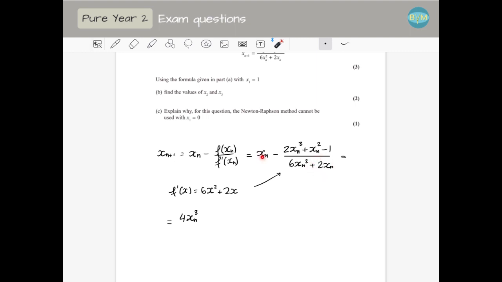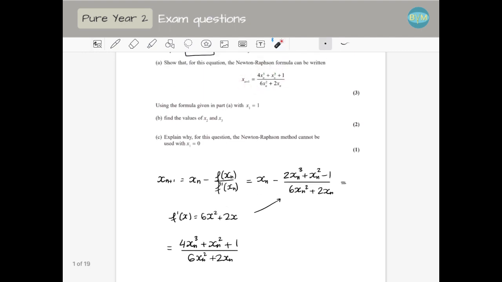Then 2x times x is 2x squared, minus x squared is 1x squared, so plus x_n squared, and then minus minus is plus 1, all divided by that denominator. And that's the formula that I have to find. It's this one here. So this is the first part.